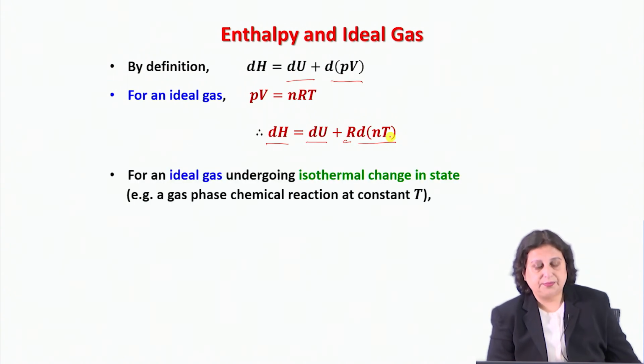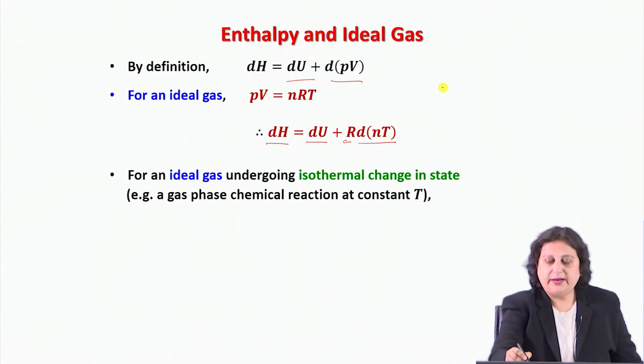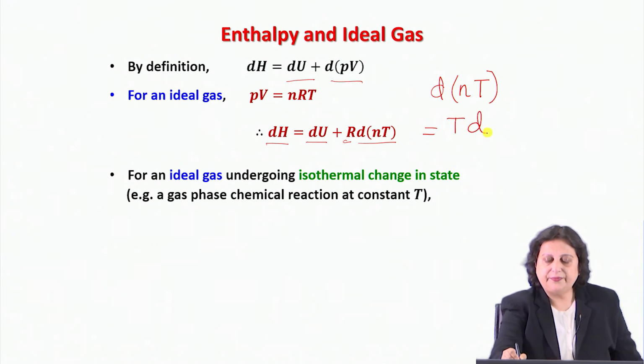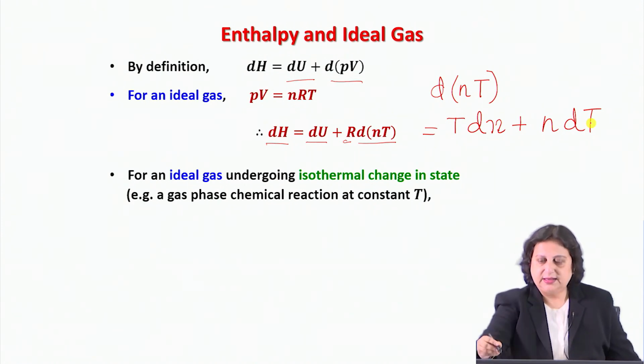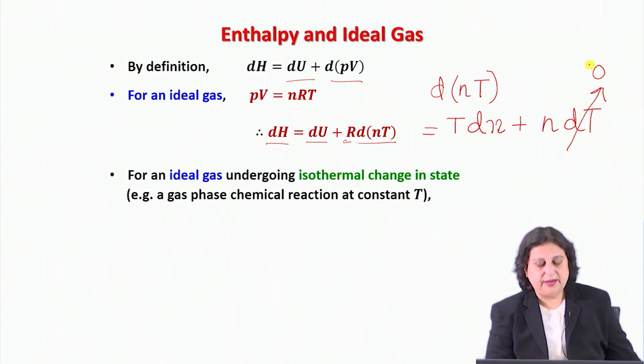and this term will be different for different processes. For example, if I have an ideal gas undergoing an isothermal change in state, so what is d of nT? d of nT is equal to T into dn plus n into dT. So if I have an isothermal change in state, then dT goes to 0. So what should I be left with?